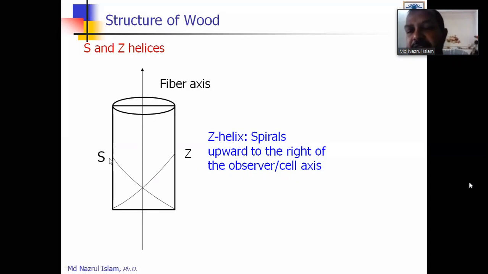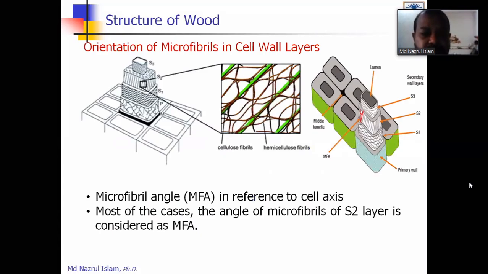So the orientation of the microfibril may be from left to right or right to left. If from left to right we'll say Z helix, and right to left we'll say S helix, but both have the angle because it makes an angle with the cell axis. So again you see the figure.